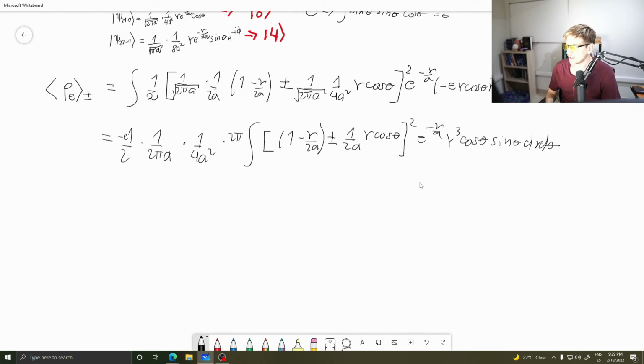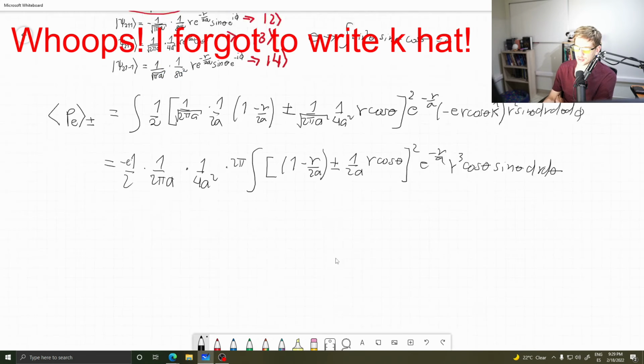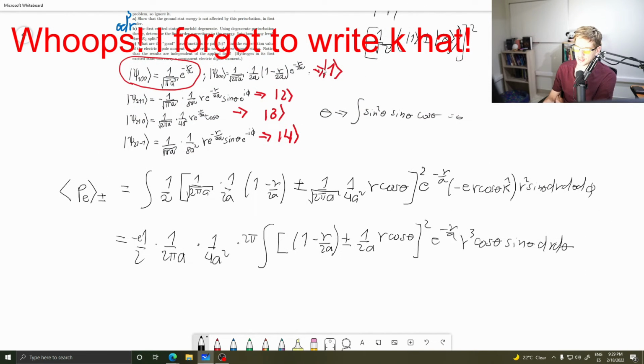Well, we would like to expand this bracket term, right? It is squared, so we need the first part squared and then this part squared. But it's important to note what we would get. This part squared is basically going to give us the same thing that we got when we were simply calculating the expectation value for the state.